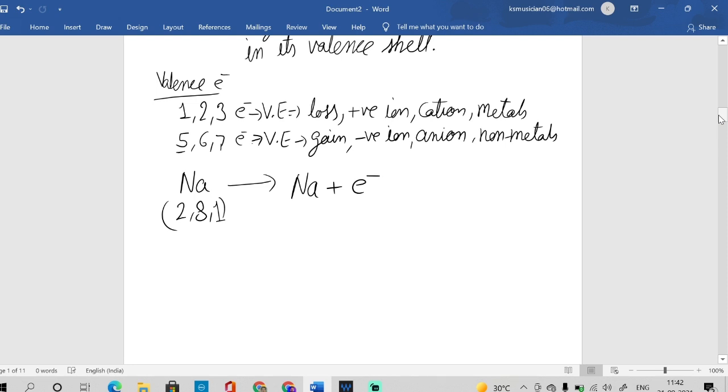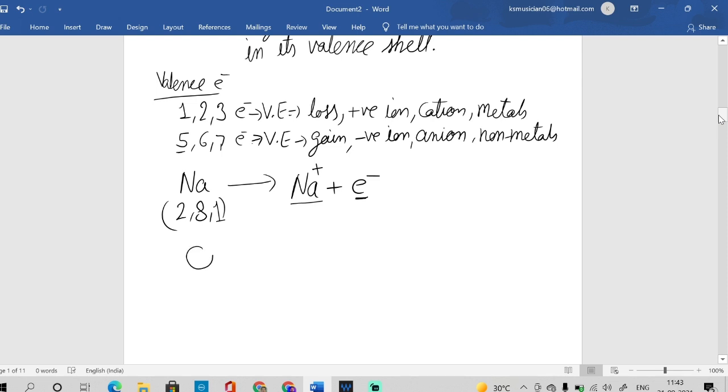Remember that in this condition, because by losing one electron, there is one proton more than electrons in sodium, so it will form Na plus, which is a cation. And the number of electrons lost there is called valency.